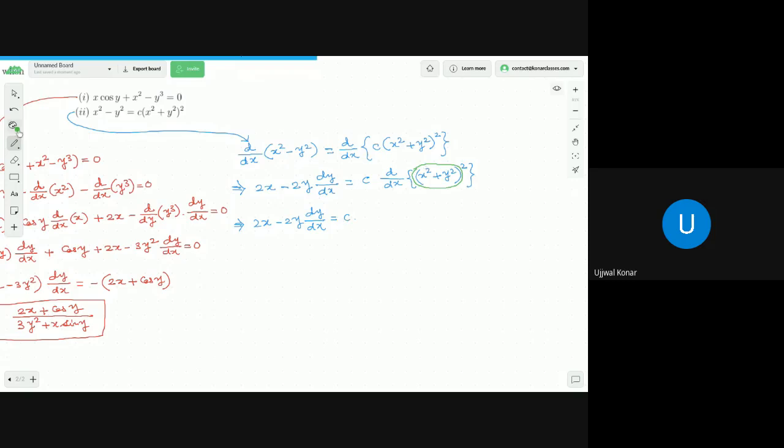So what will it be? It will be 2 into that green circle, power 2 minus 1. 2 minus 1 is 1, power 1, into d/dx of that green circle.